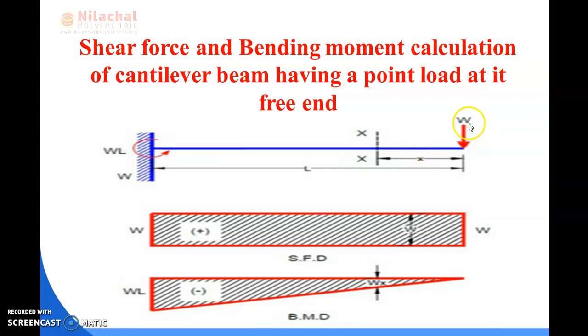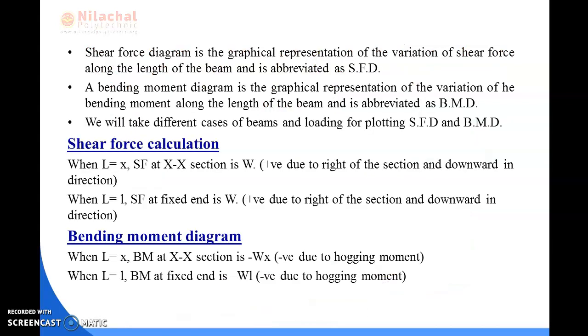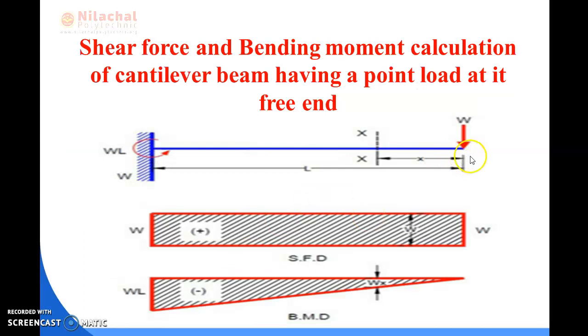It will be W into x, which is the right answer for case 1. So you can see the bending moment at the x section is W into x. But here is a negative sign. Why? Because due to this downward loading system, it will give a moment like this.